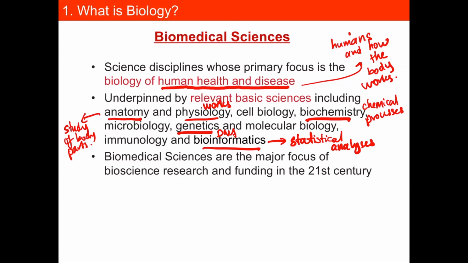Now, biomedical sciences are the major focus of bioscience research and funding in the 21st century. This is very true, especially in Singapore, because Singapore has a very strong biomedical research hub.